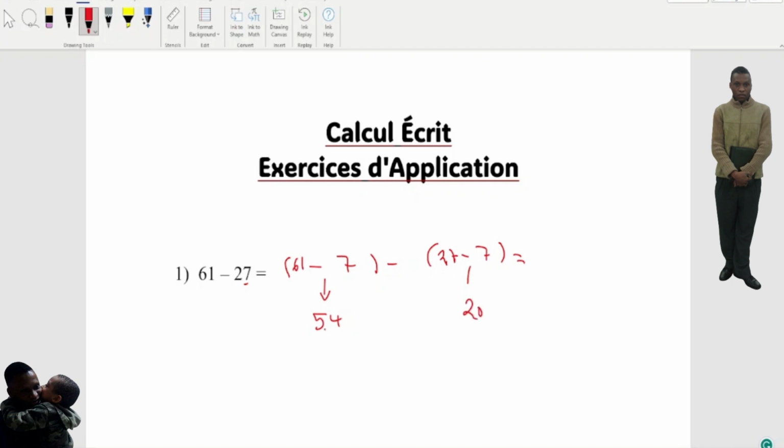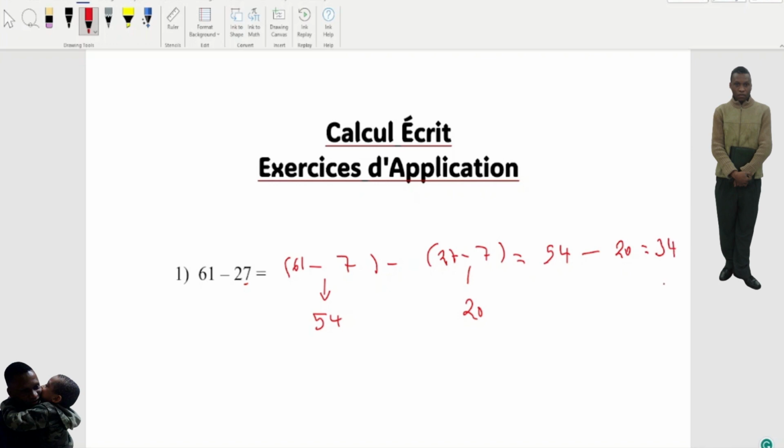Now, you see this 54 we got? You're going to write it right here, minus 20. You write right there. Okay, equal. So when you do 54 minus 20 equal what? 34. Right here.